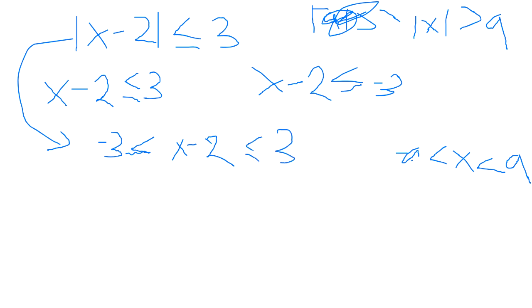Can we see that? So rather, the solution should be like this: X minus 2 greater than or equal to minus 3, and X minus 2 less than or equal to 3.